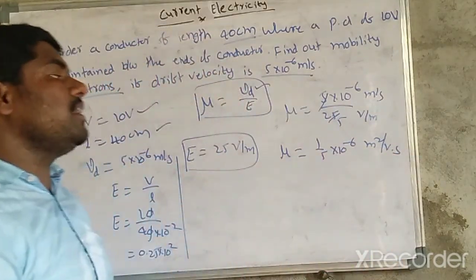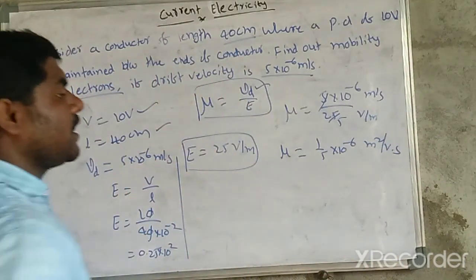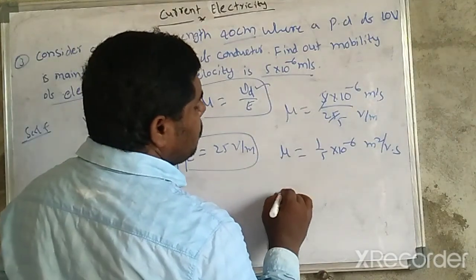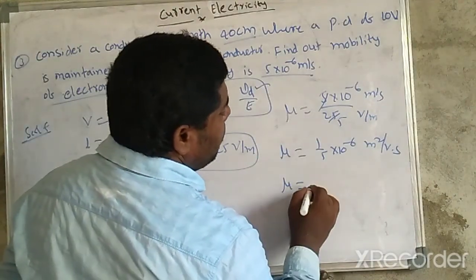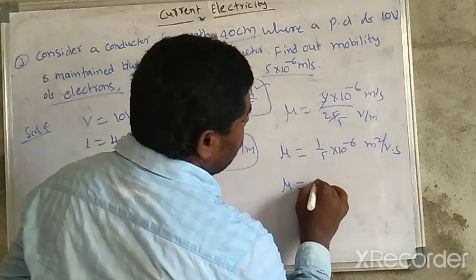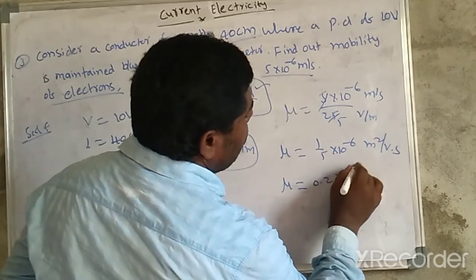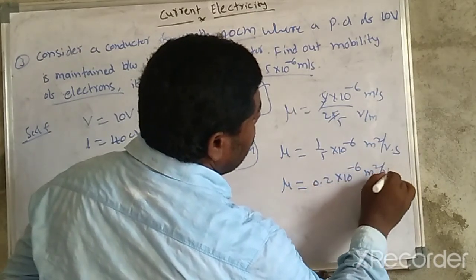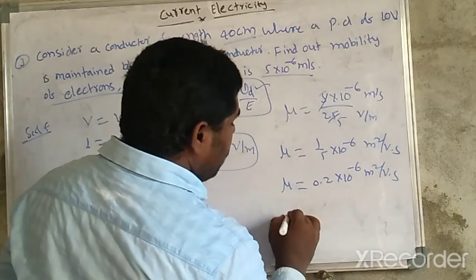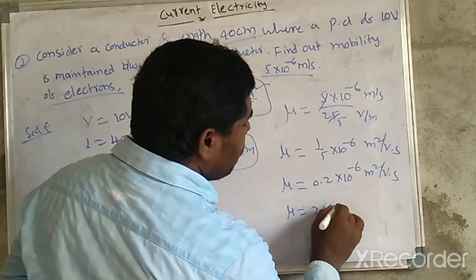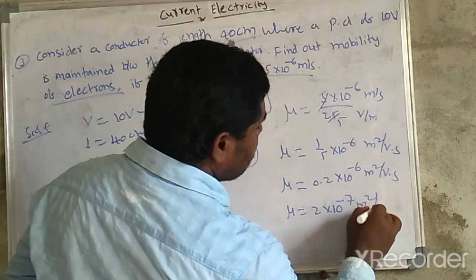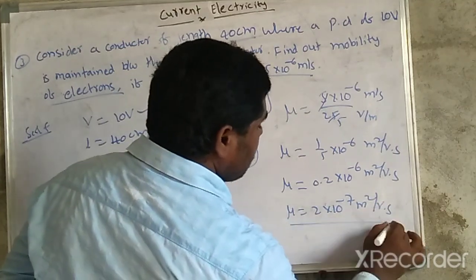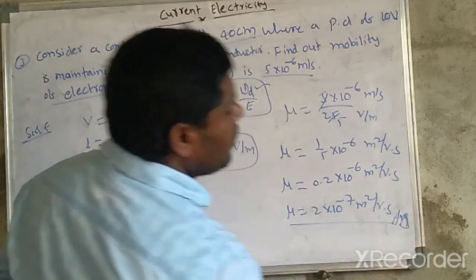Mobility units are meter square per volt second. So 1 by 5 is 0.2 into 10 to the power minus 6, so mu is equal to 2 into 10 to the power minus 7 meter square per volt second. This is the answer to the question.